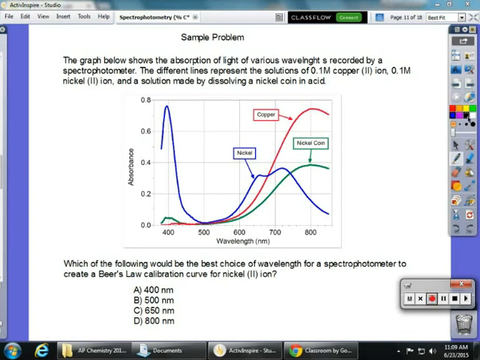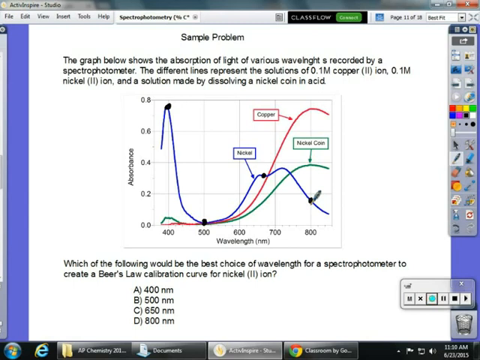Okay, let's go through it. You're given the choices of 400 nanometers. Well, we're looking at nickel. Nickel's our blue line. At 400 nanometers, it's got an absorption up here around 0.7. At 500 nanometers, it's close to 0. At 650, it's around 0.3. And at 800, it's somewhere a little less than 0.2.